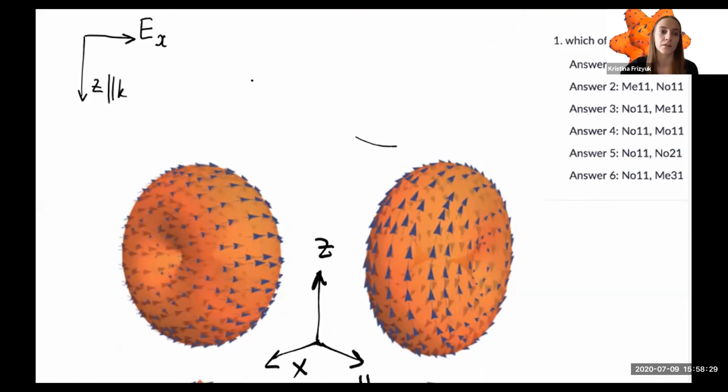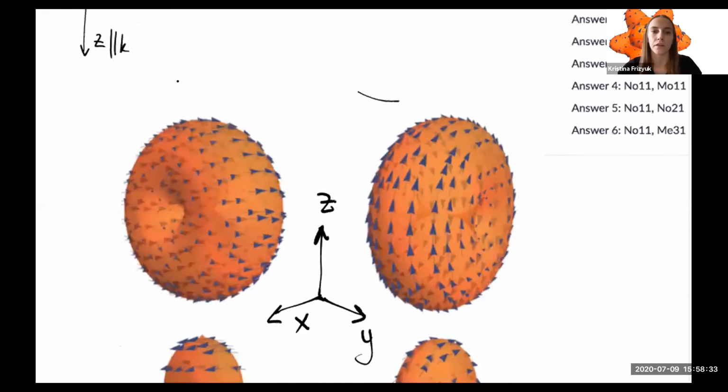Just the simplest case. And now what we have here: electric dipoles, even electric dipoles with m equal 1. And here we have odd magnetic dipoles, again with m equal 1.